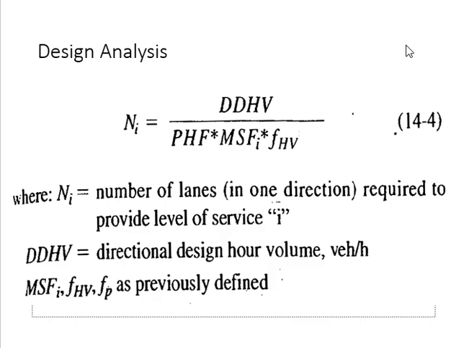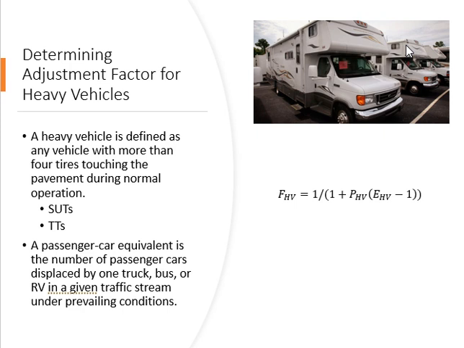FHV is a factor for heavy vehicles. What is a heavy vehicle? All vehicles are heavy, right? But according to them, a heavy vehicle is a vehicle which has more than 4 tires operating.